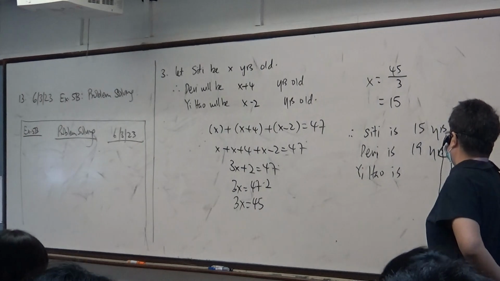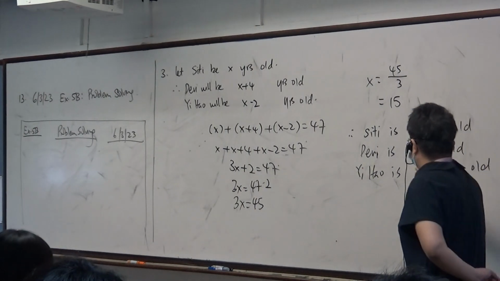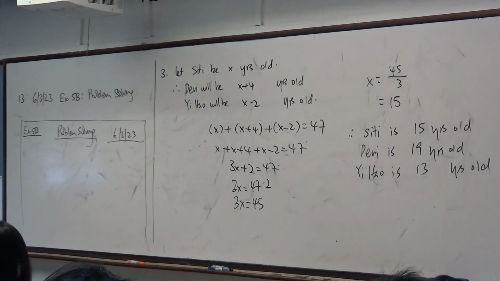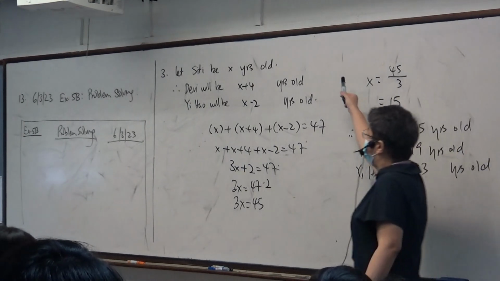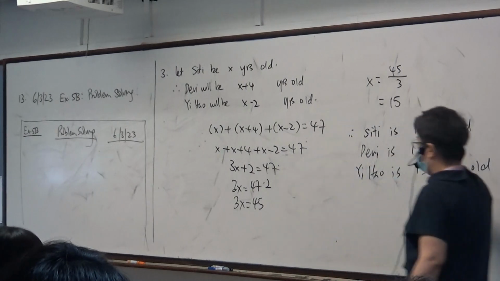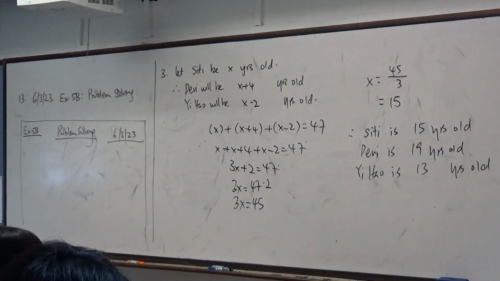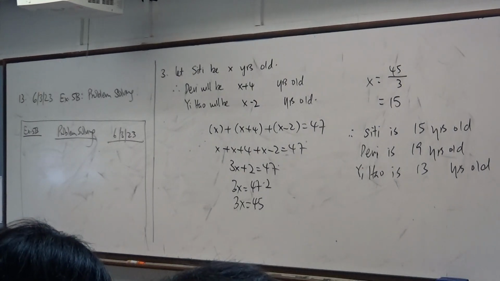Yihao is? 13. Are we clear? So you see, I let the unknown, then I form the equation, I solve the equation, I write the conclusion. Is that clear? Yes or no? Okay, very good.